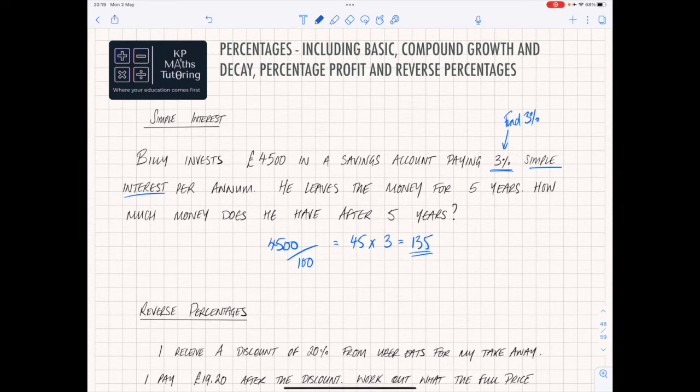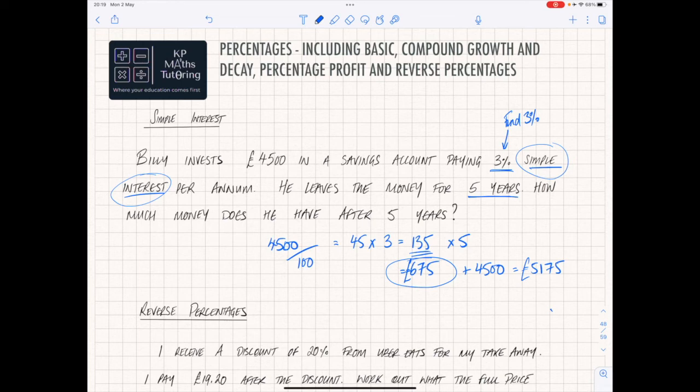And then because this is simple interest, you're basically just multiplying that by 5, which will give you £675. Now that would be how much money he makes, so you then need to add that to 4,500 to get your total of £5,175.